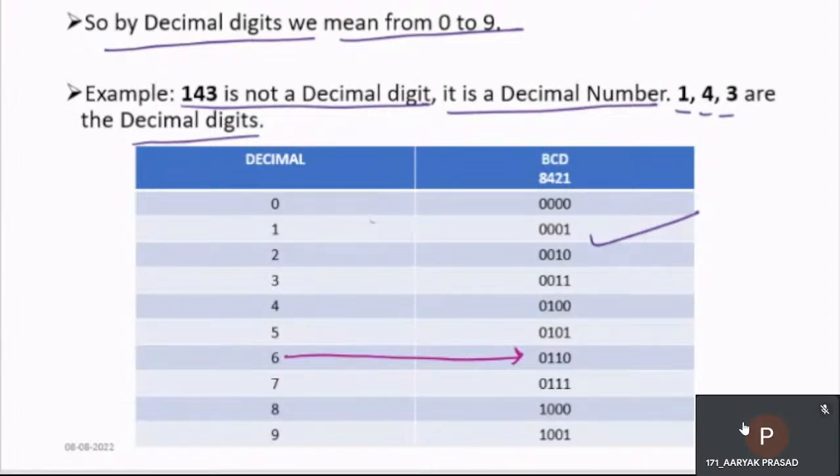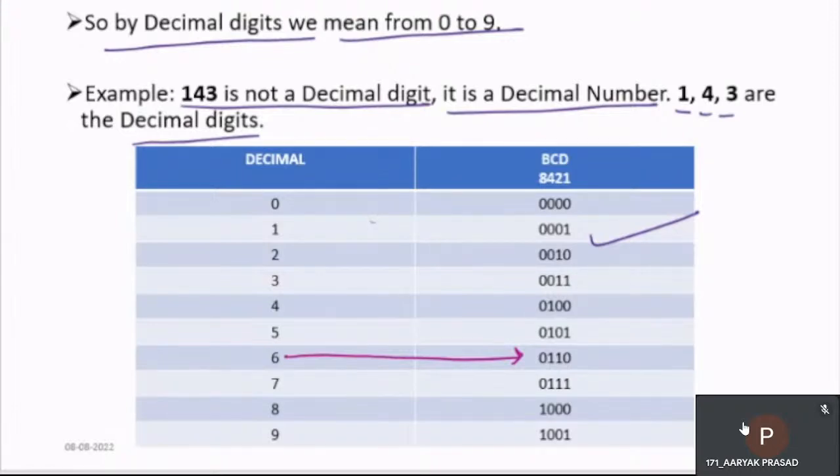Okay. So you see, in the positional weights, in case of 8, the positional weight 8, here 0 is present, so 8 will be multiplied by 0.